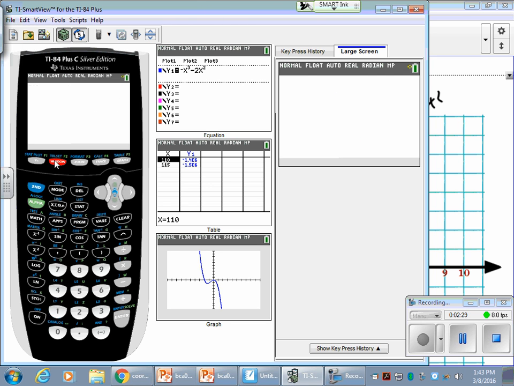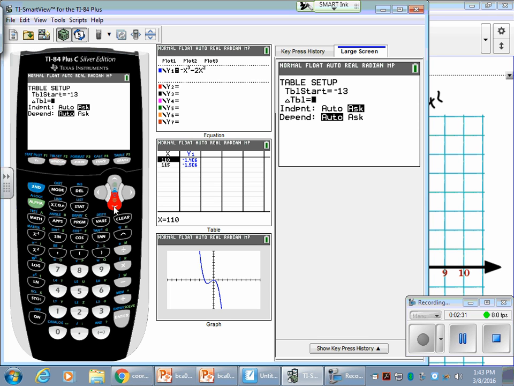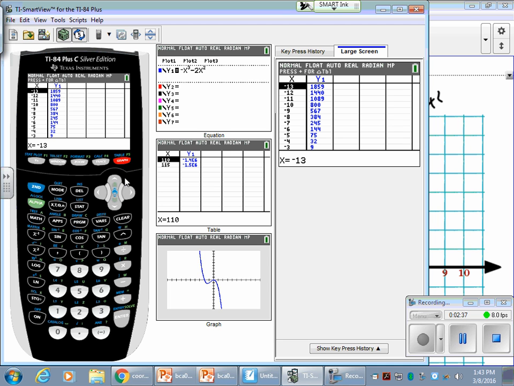Let me go to my table. It is on ask, so I'm going to change it to auto just to get some good data there. Negative 2 I think is a 0, and 0 looks like it's a 0 to me, and both of those are.